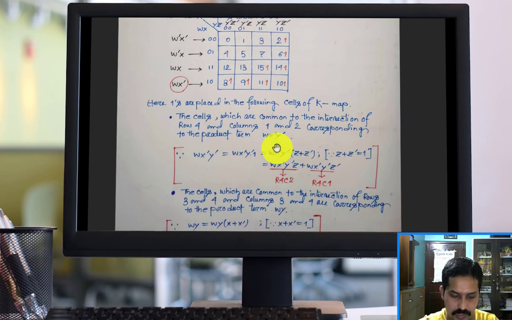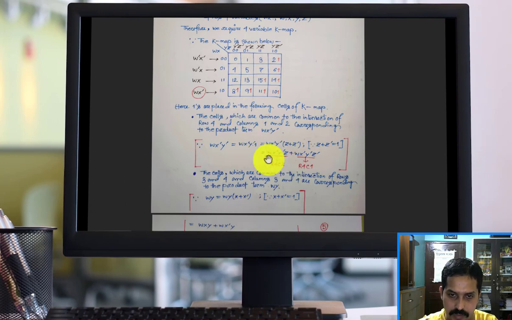Now come to the diagram. See, w x' is this, and y' z is this. So just see, they will intersect in this cell, right? That is row 4, and y' z is column 2.